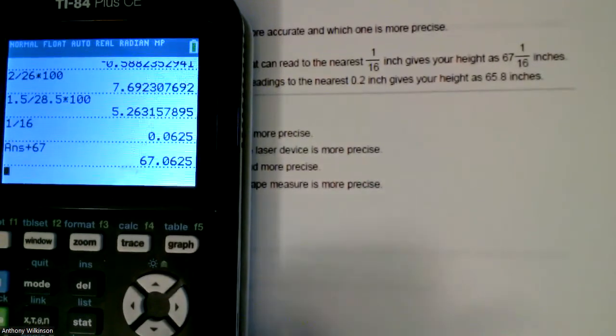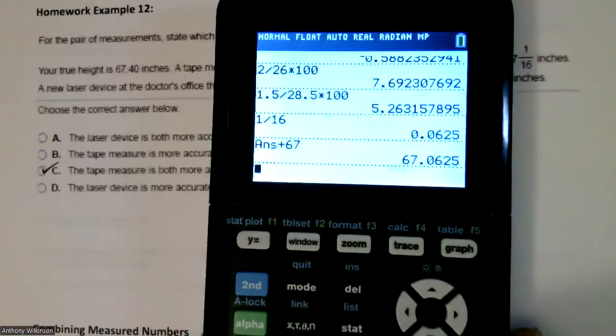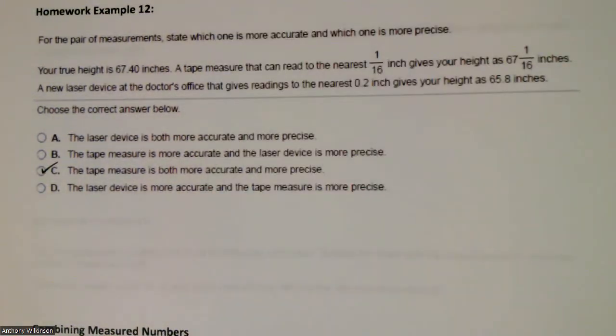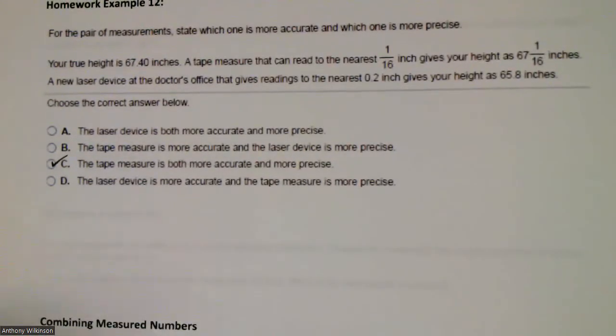That's like 67.0625, and you got 67.40. That's closer by, I'd say, 3.375. So here it's more accurate, and not only that, it's more precise for the tape measure. So I would choose that answer here.